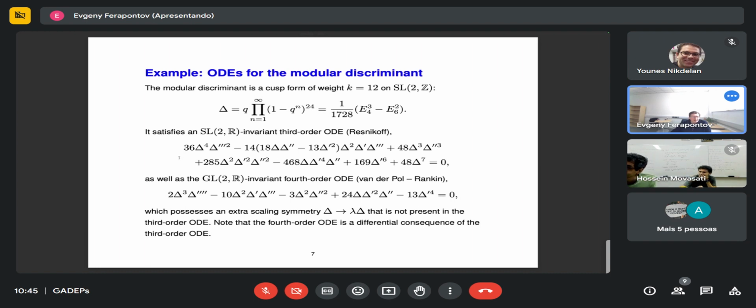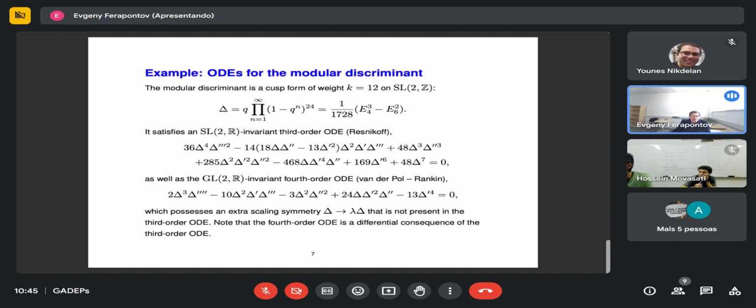These ODEs are getting quite messy, but what is good about them is that they can all be written with integer coefficients, and they are polynomial in the derivatives, right?